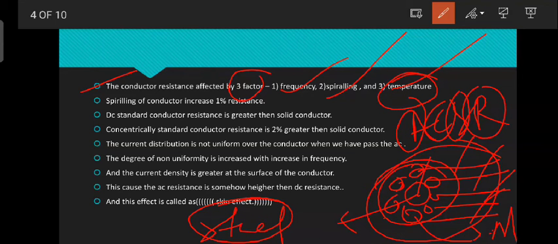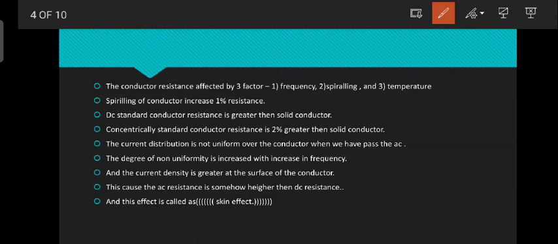When the temperature increases, resistance also increases. Spiraling the conductor increases the resistance by 1% from our solid DC resistance.